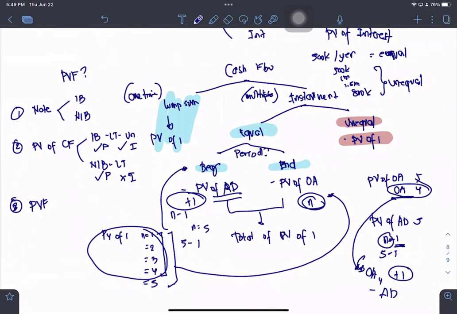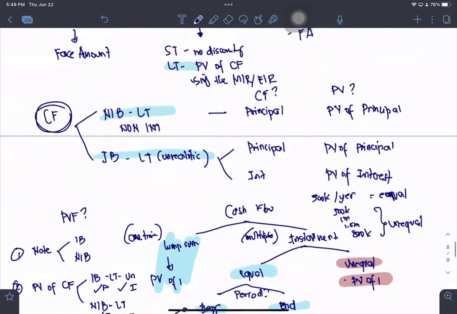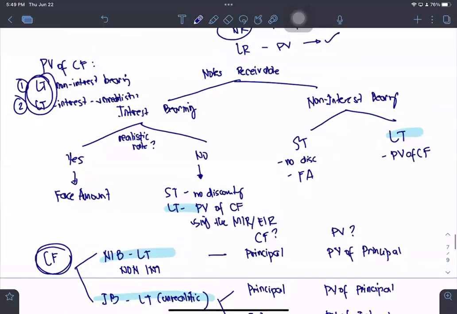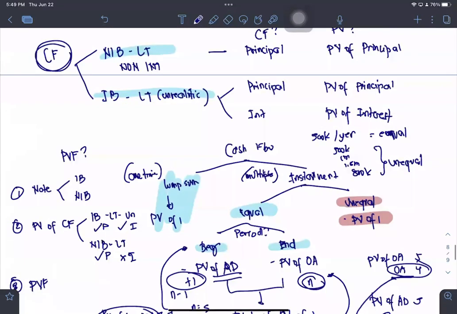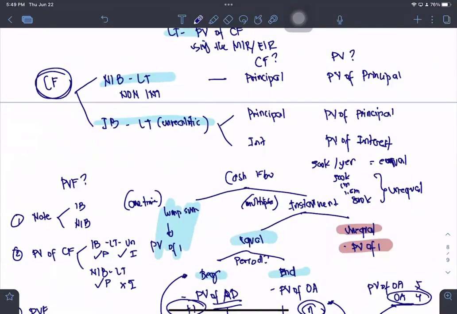So, again, this is quite easy as long as you understand what you need to compute. First, we started by discussing the different types of notes receivable and how we measure them. Next, you need to determine what the different cash flows are inside it.